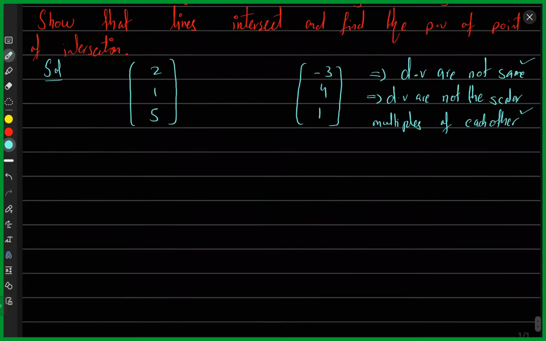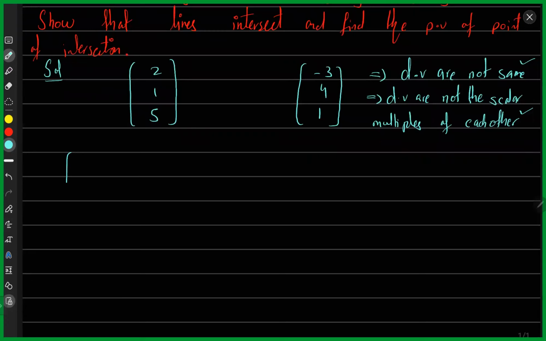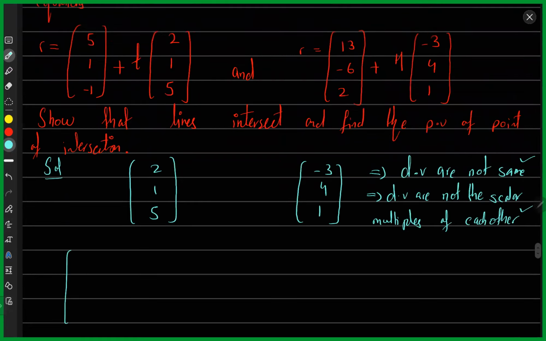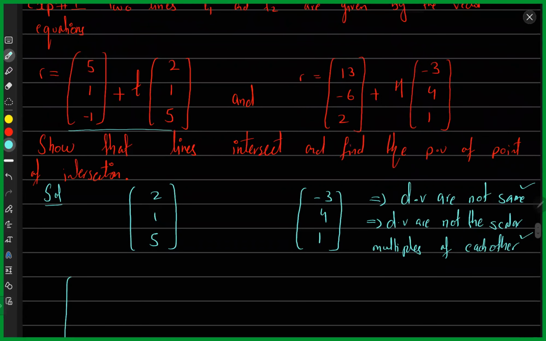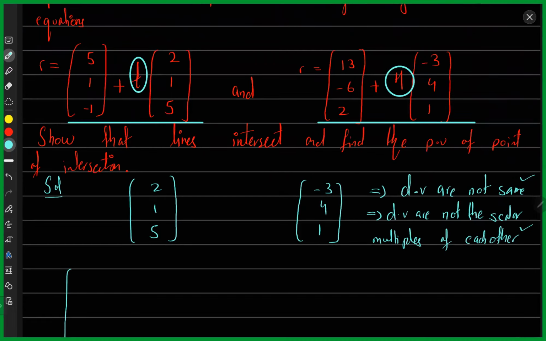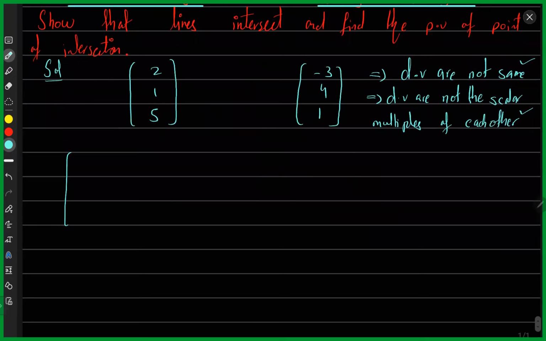Now, for the lines to intersect, this thing would have to be equal to this thing, and we need to show that some specific t and mu exist for this scenario. So you will understand the concept easily. Just follow my steps.